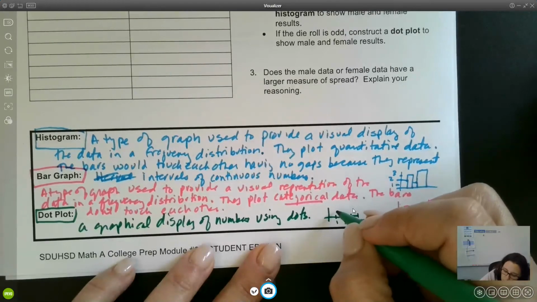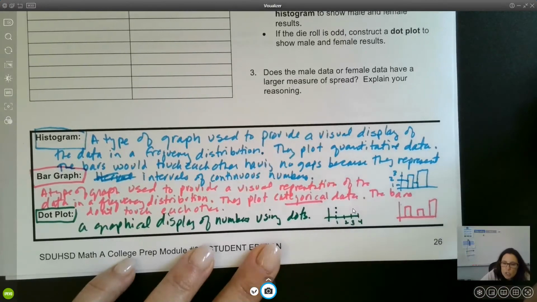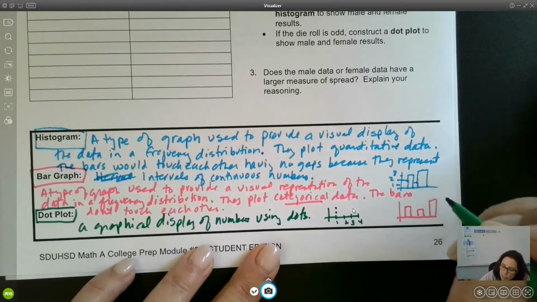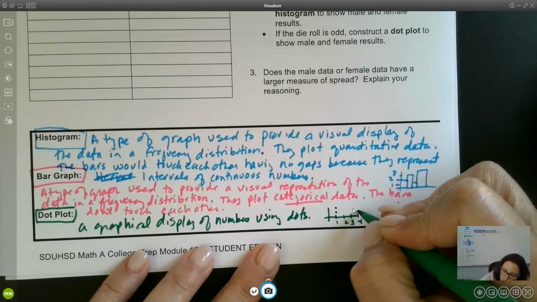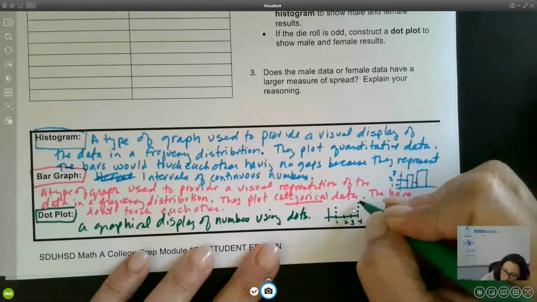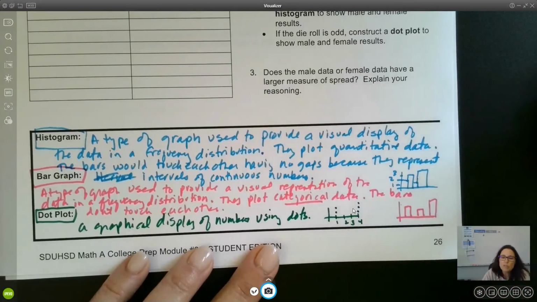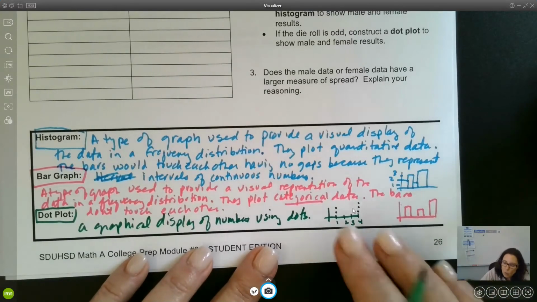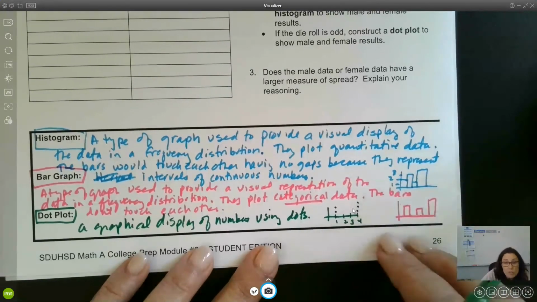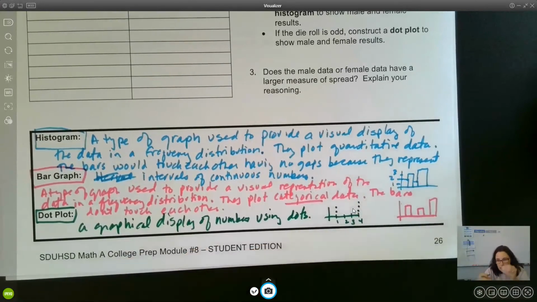Say that 2 people said, I go once, you would have 2 dots. Say 3 people said, I go 4 times. Okay, that's an example of that. Of course, these would need to have titles and be fully labeled. I just tried to give you a quick example of what it looks like at a glance.